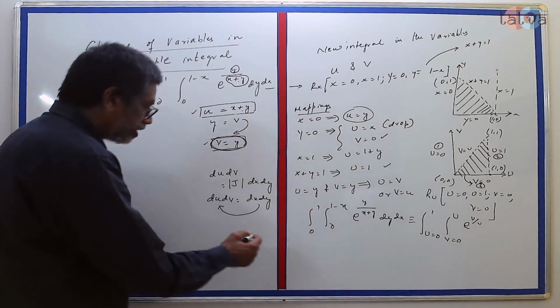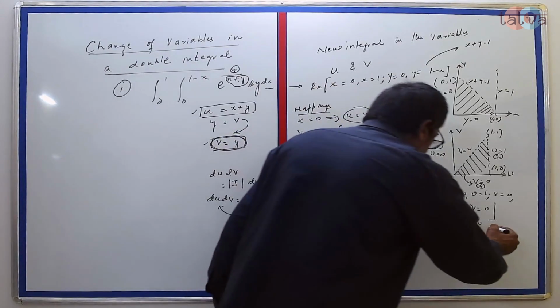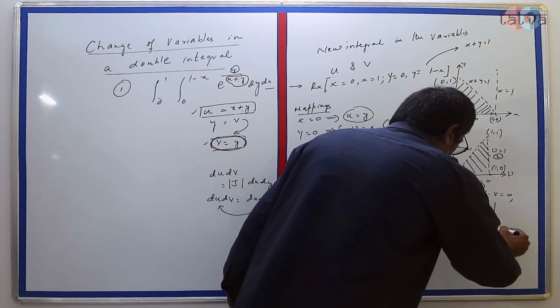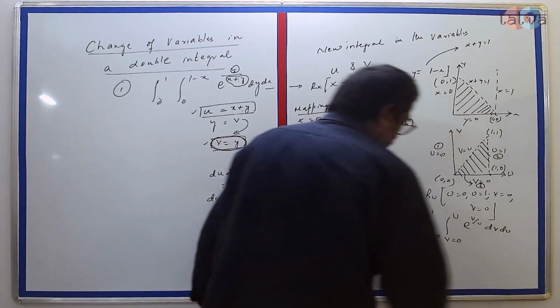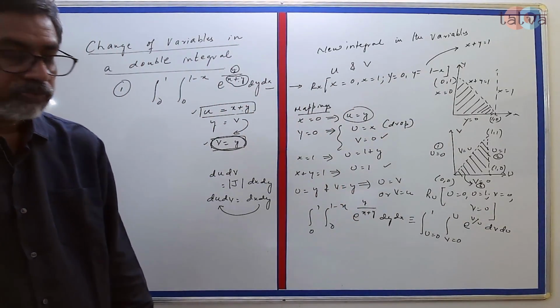What about dx dy? Dx dy is replaced with du dv. In this case, the order is dv du because these are the limits. So this is what we'll have to evaluate now.